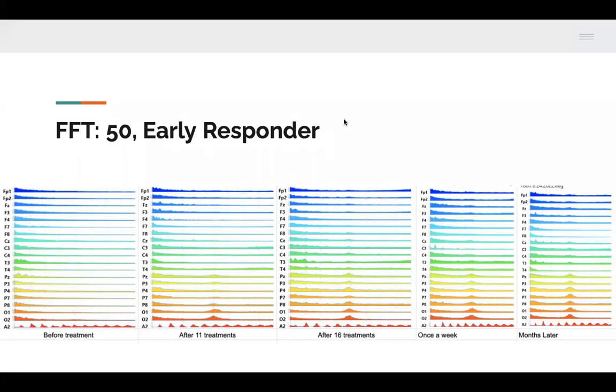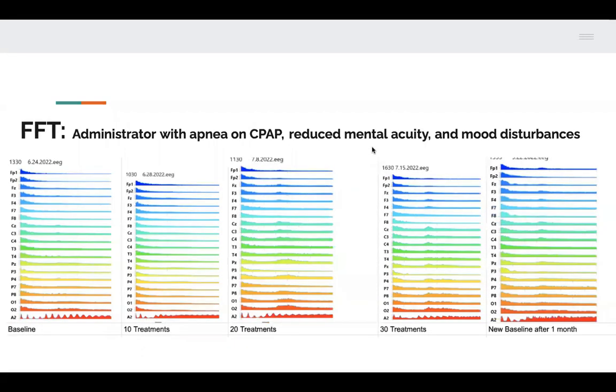So some people respond early, and I cannot tell you why some do and some don't. This person is an administrator of a very large healthcare organization. She has severe sleep apnea, but is 100% compliant on CPAP. So you can't blame the sleep apnea anymore on this person.